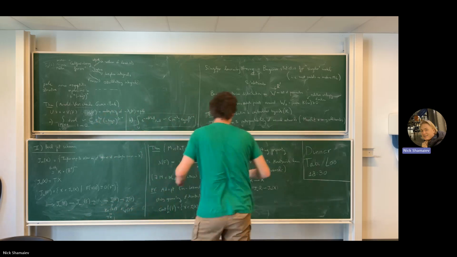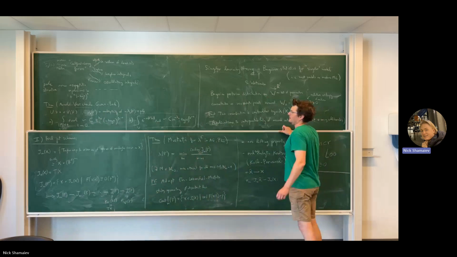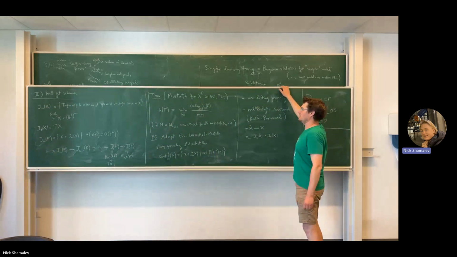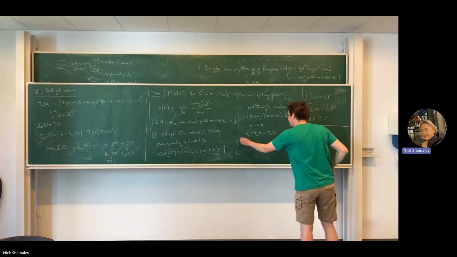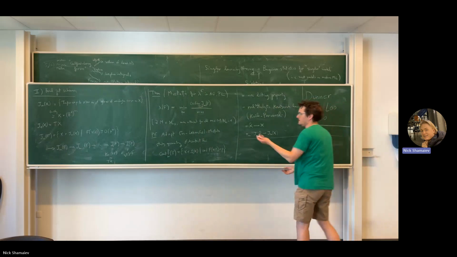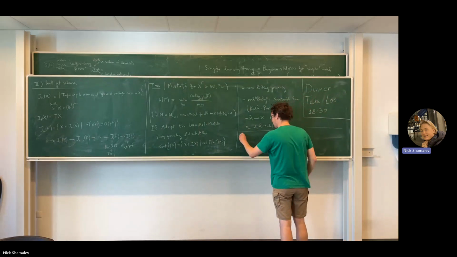Maybe one last remark about this. I said that there are some subtleties with this lambda, and I think that this formula has some chance of eliminating a bit of these subtleties.